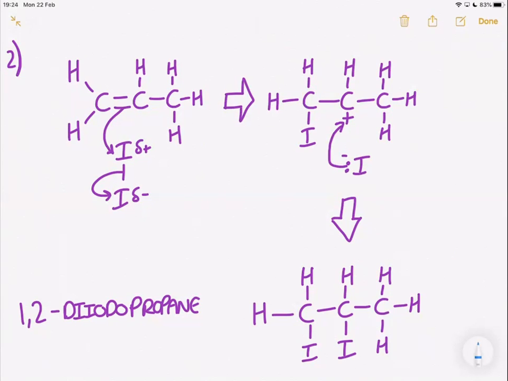Now, with this, there is actually a complication that we don't know about yet to do with how you draw the carbocation. I'm not going to explain what that is until the next lesson, but suffice to say, you should really have that plus in the middle. It doesn't make any difference to the overall product, but it does kind of matter that your C plus is in the middle here.